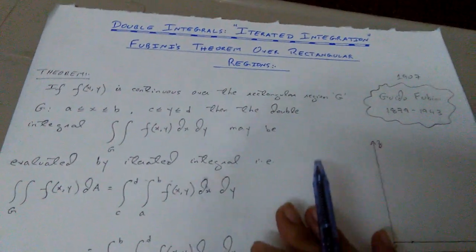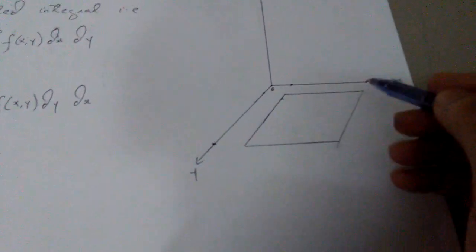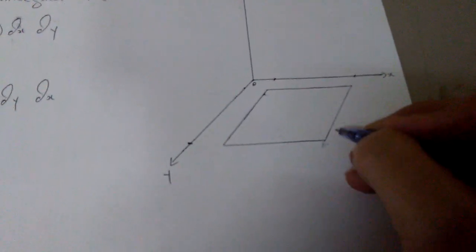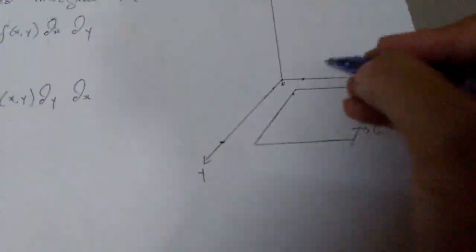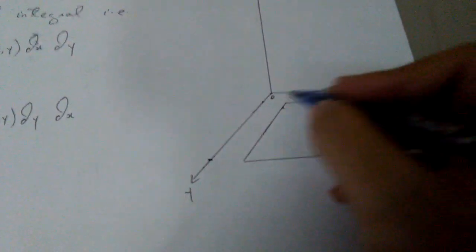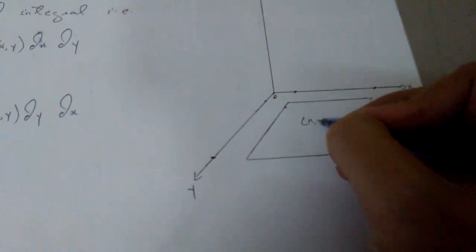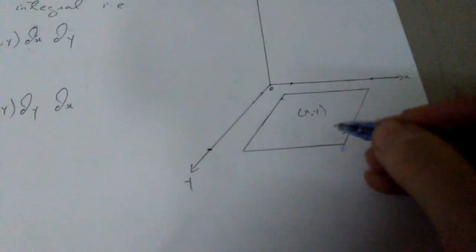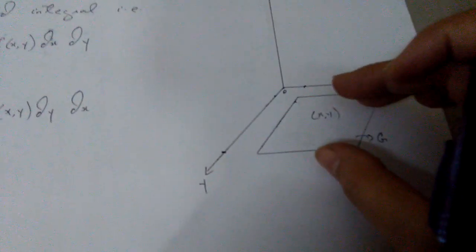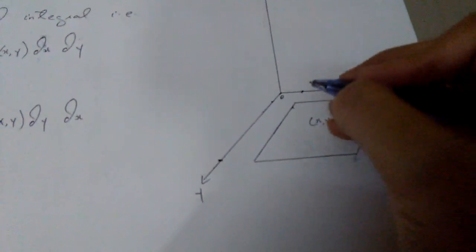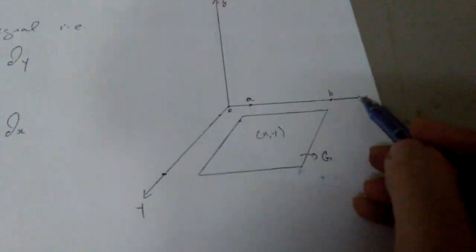So over here I have tried to maintain a rectangular region G lying on the xy plane, you can see. That's the rectangular region. The x coordinates of all the ordered pairs lying on this plane G are restricted within this closed interval [a, b] on the x-axis.